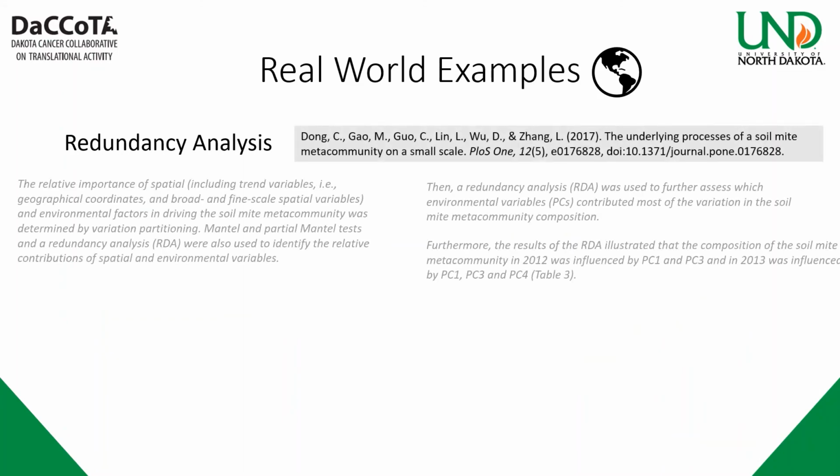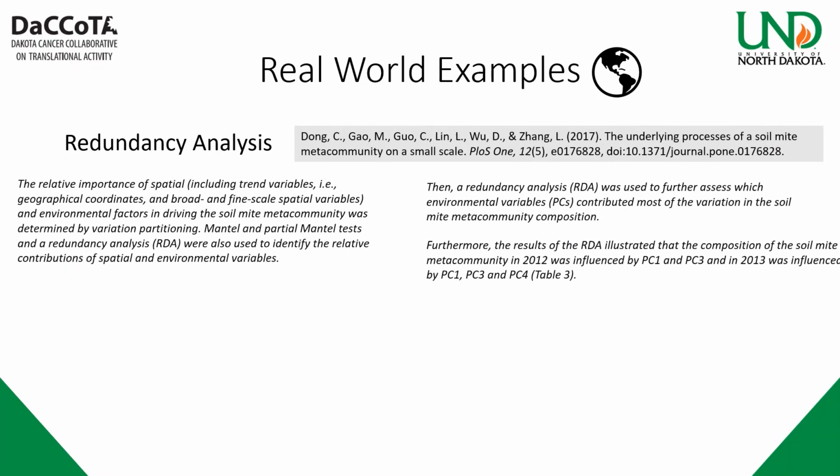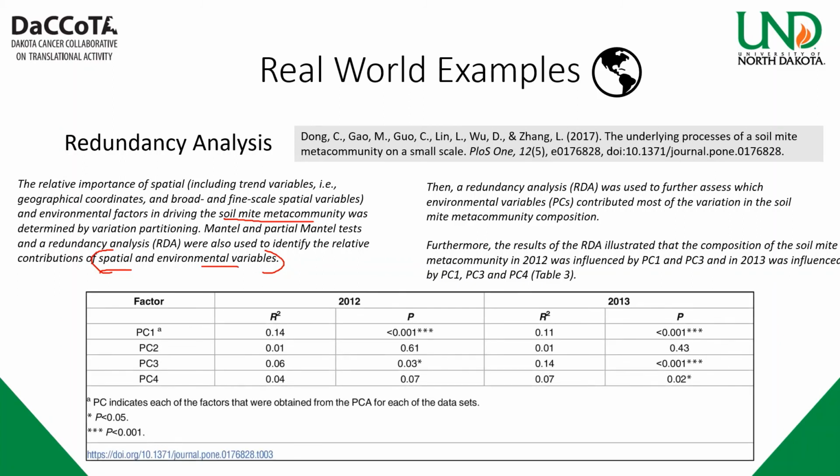Redundancy analysis, similar kind of thing here, though we have a soil mite metacommunity, and I think their X and Y matrices are spatial and environmental variables. They had a table rather than a graph, and what they found is that PC1 and PC2, their ordination axes, were influential.